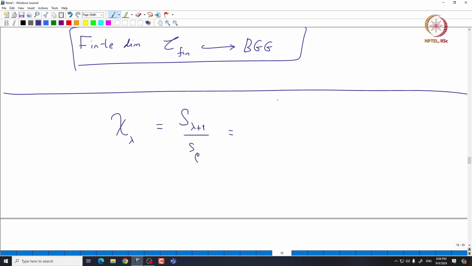By definition of S rho, you can easily see that this is the summation of sign of w e power w of lambda plus rho, w in W, divided by S rho.